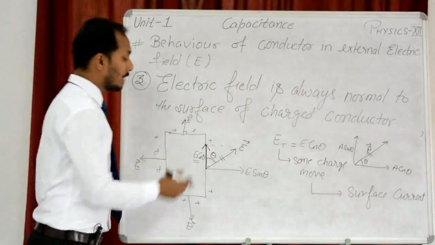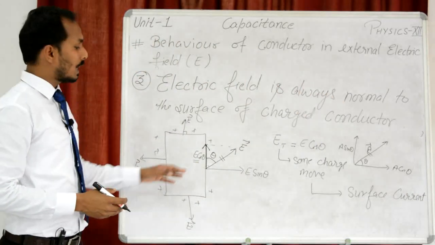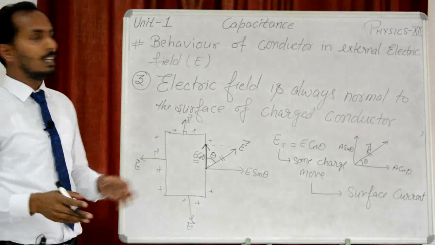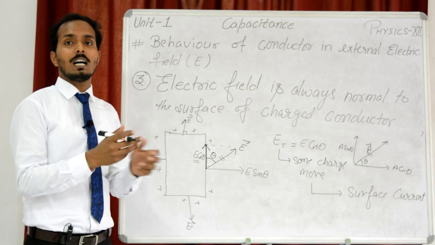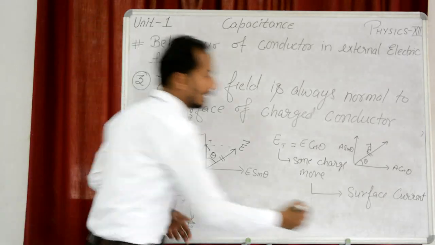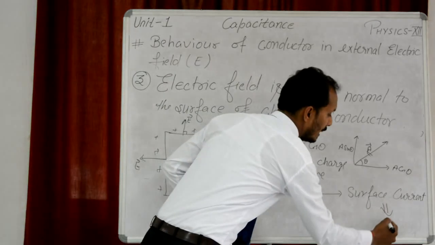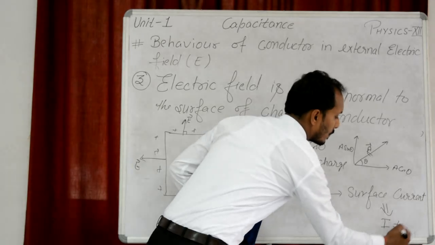But we know that surface current is not possible in electrostatics, because this chapter is electrostatics, in which charge is at rest. So this current is not possible.